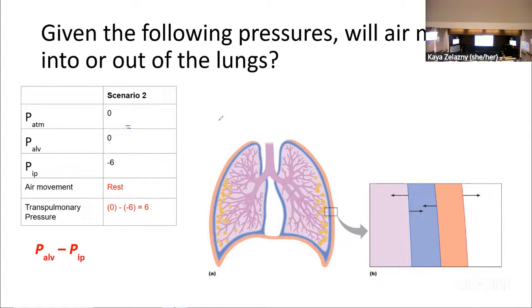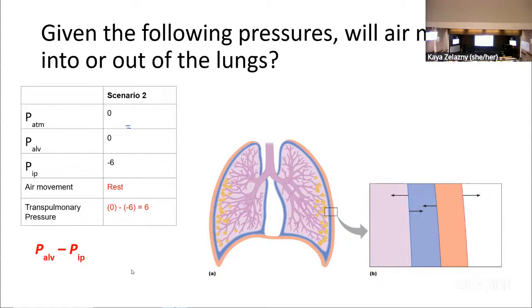We don't need that pressure if we're just trying to figure out whether you're breathing in or out, but we do need it in our body because we still need that lung to stick to the chest wall. So 0 minus -6 is +6. That's how these work.